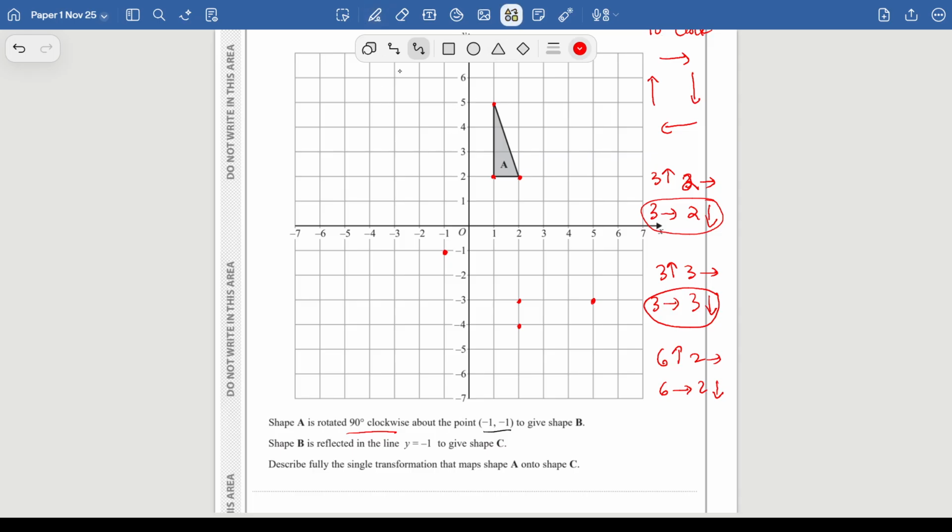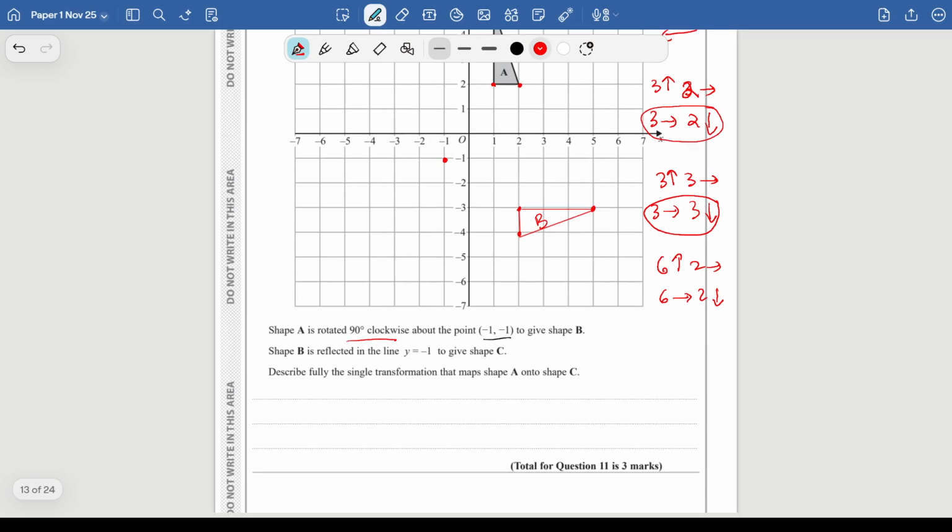Now joining all these points makes the rotated shape B. Here we get the rotation of shape A after a 90 clockwise rotation about the center (-1, 0). You can use this method for any point, for any type of rotation, if you don't want to use tracing paper. Otherwise, you can go with that.